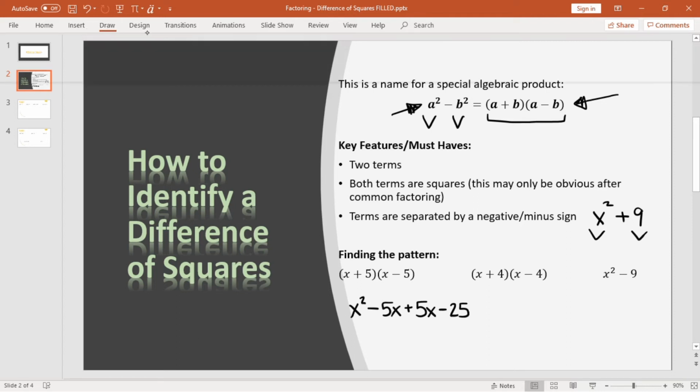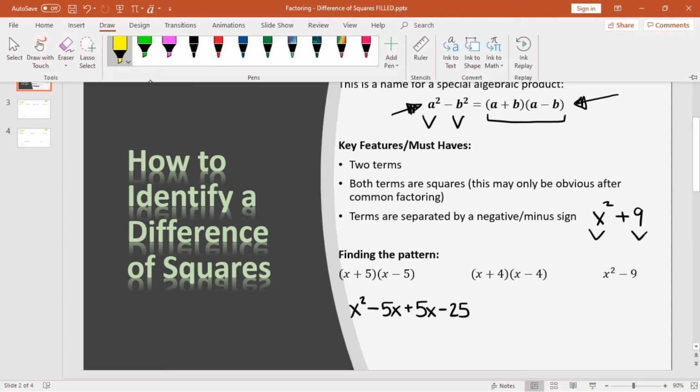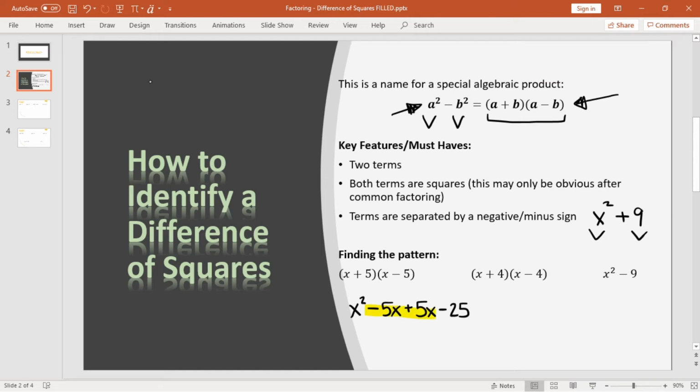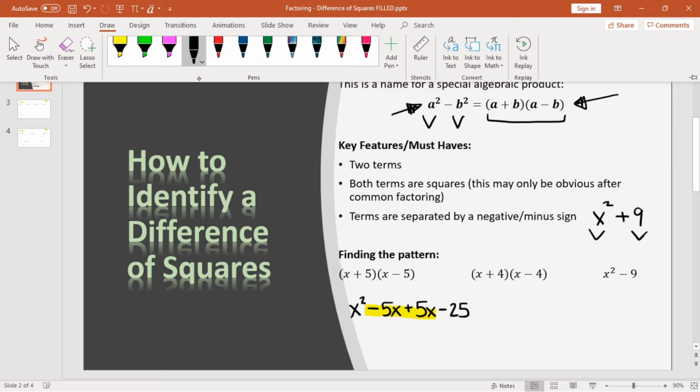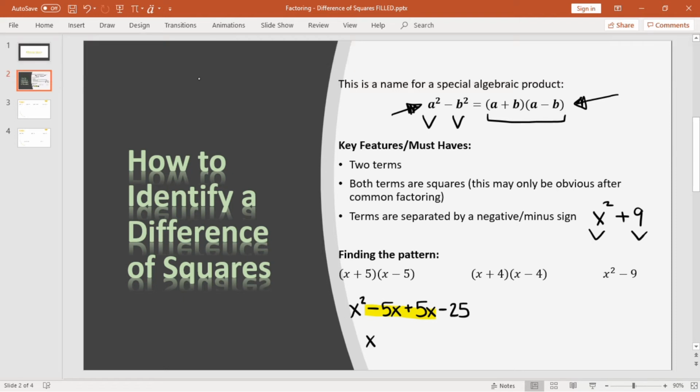Noticing that when you combine the outside and the inside terms, minus 5 plus 5 is 0. So that completely disappeared, and you're left with x squared minus 25. All right, which is a difference of squares.